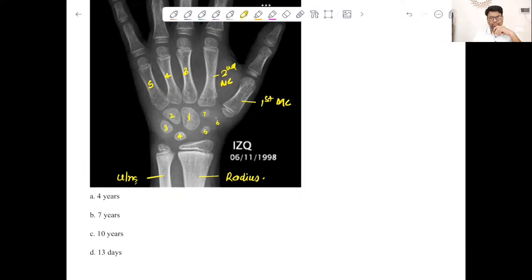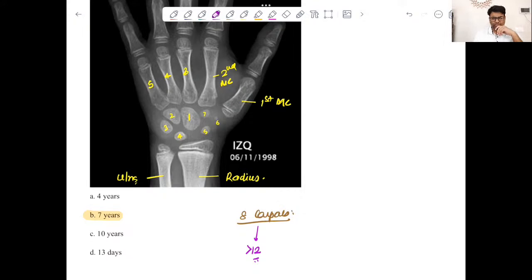So for the time being, I'm not going into anatomy. Let me give you the trick first. Just count the number of carpal bones. If they are 7, then you can straight away mark the answer as 7, right? And if you can see all the 8 carpal bones, then it is 12 or more, right?